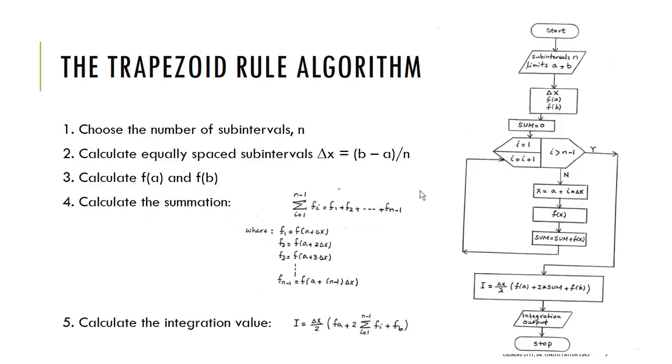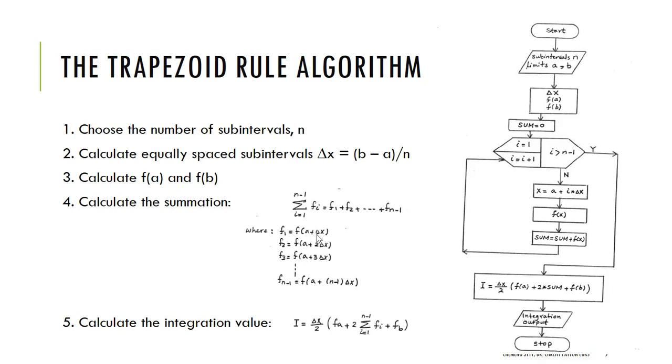An algorithm that will do that is shown here. So I can choose how many subintervals I want, and I'm going to then use my limits of integration a and b to calculate delta x. So delta x is b minus a over n, the number of subintervals. I'll calculate the function at a, calculate the function at b, and then I'll calculate the function at every point in between.